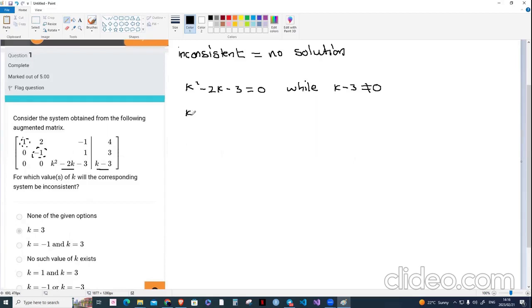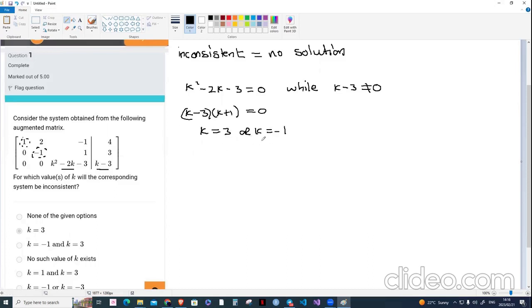And then we solve this. This will be (k minus 3)(k plus 1), which is equal to 0. k is equal to 3, or k is equal to -1, right?